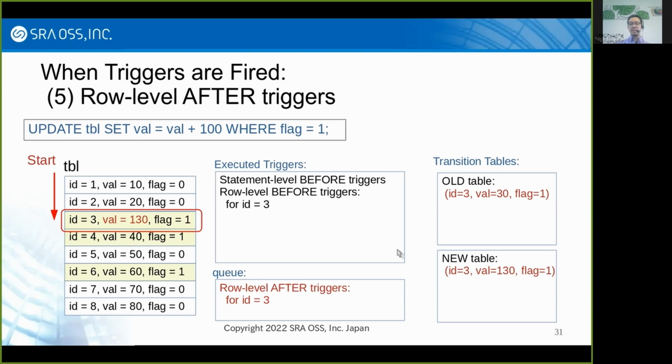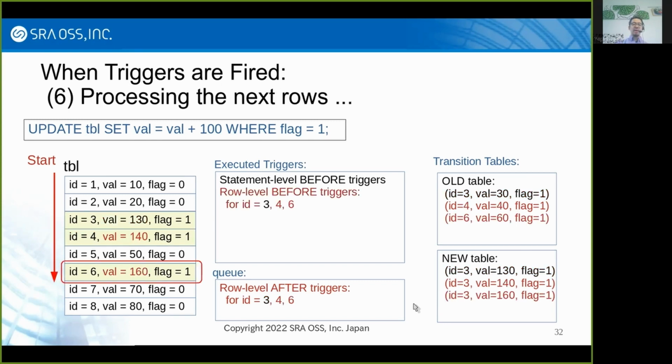And the old record and new record are stored in transition tables, the old table and the new table. Then for the next rows, the same processing is performed.